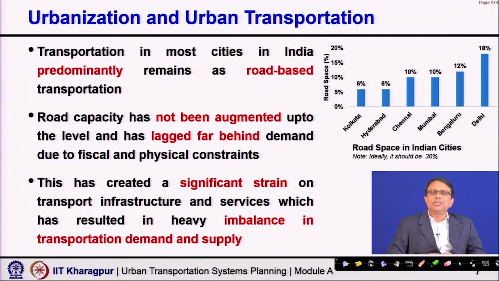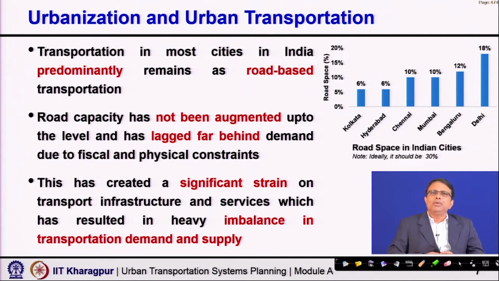The other, more severe problem, I would say, is the physical constraints. Now, why am I saying physical constraint? Because if you look at these cities, the urbanization, as I indicated, has not happened the way it is desirable. Indian cities and towns are not planned developments, the growth has just happened.